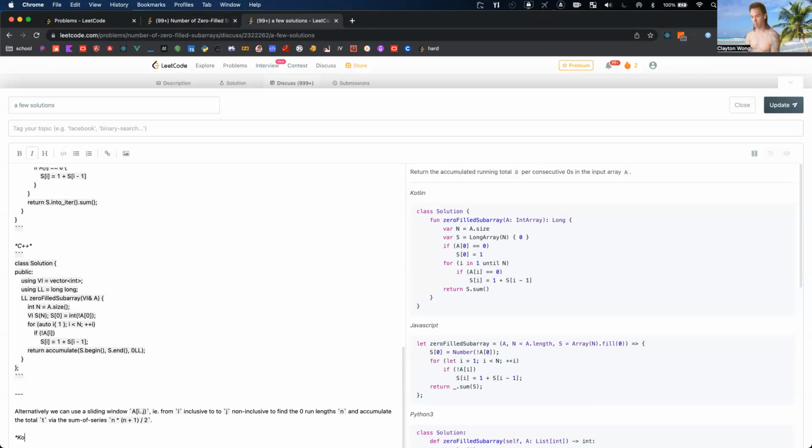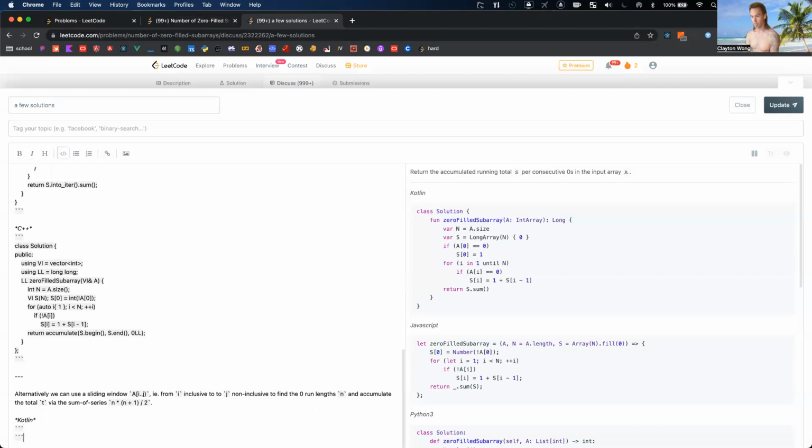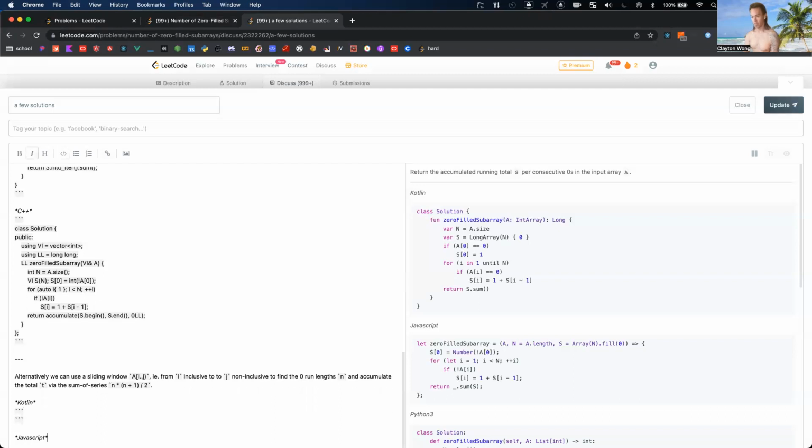And I wonder, well, let's just do these just for practice. O of one additional memory instead of O of n.